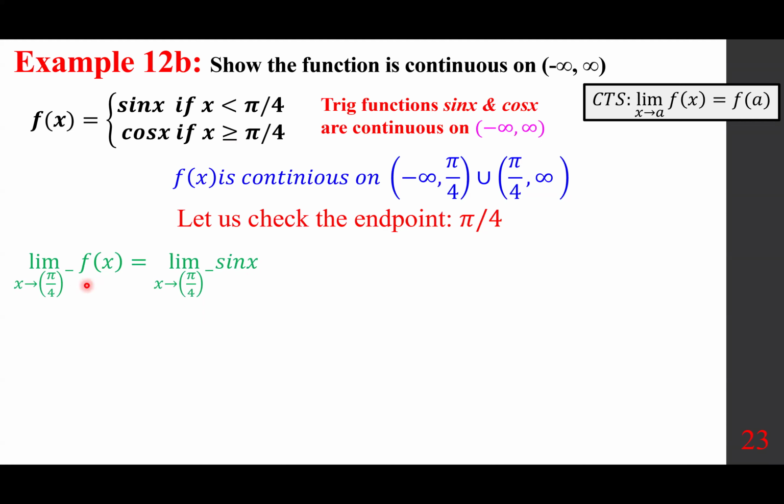The limit of f of x as x approaches pi over 4 from the left uses the top piece, sine x. Plug in, as you know, sine of pi over 4 is square root of 2 over 2.